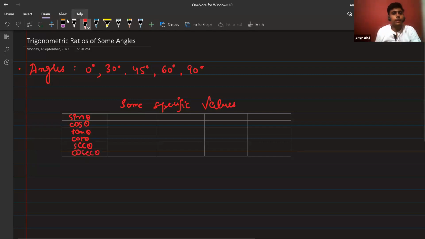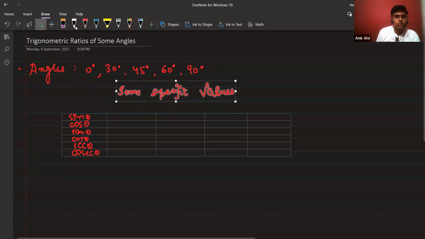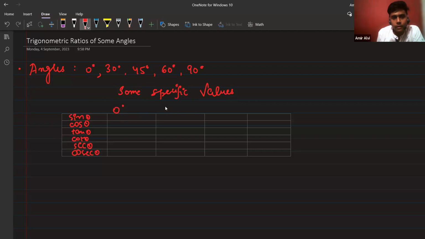Let me write down the heading a little bit upper, so that it does not cover up the space. Okay, so let me write down here 0 degree, 30 degree, 45 degree, 60 degree, and 90. Let me make it myself.